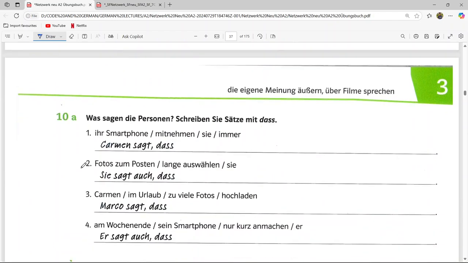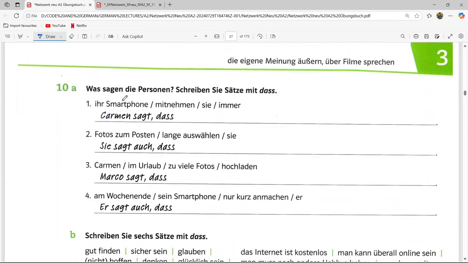Let's go down. Again we have to make sentences with dass. So then a. Was sagen die Personen? Schreiben Sie Sätze mit dass. Okay, so let us do. Mitnehmen, ihr Smartphone, sie immer. So she always takes her smartphone with her. Mitnehmen means to take with.